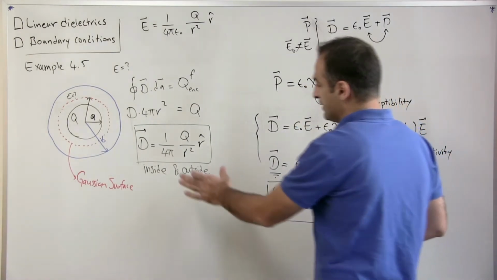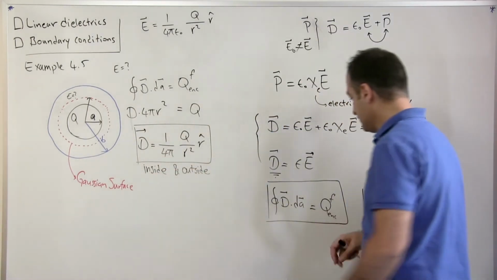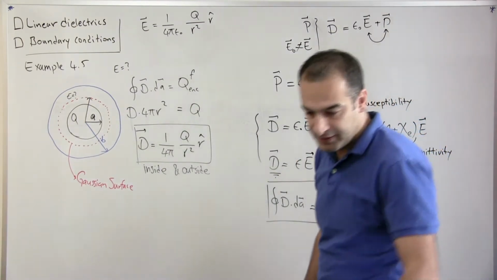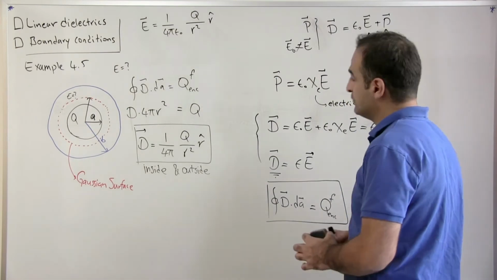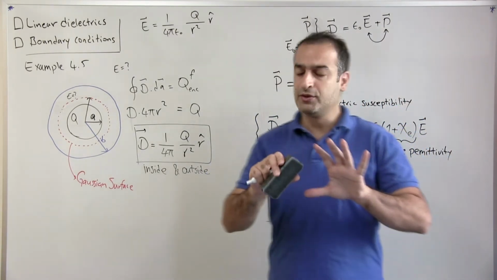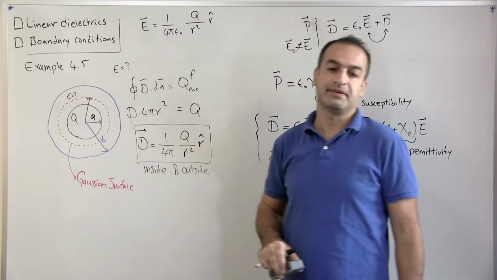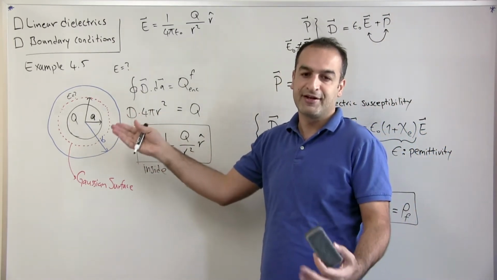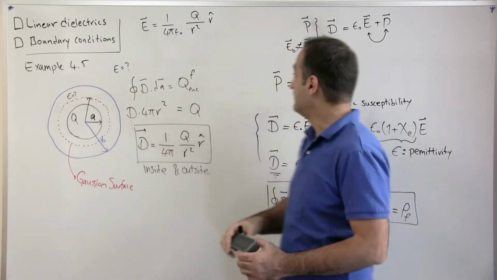Okay, and now as soon as you have D, you can move on and calculate the electric field. I would say it's easier to look inside and outside separately, because inside the dielectric material we have a dielectric constant, which is different from that of outside.